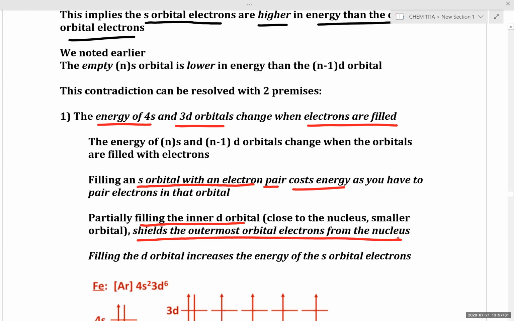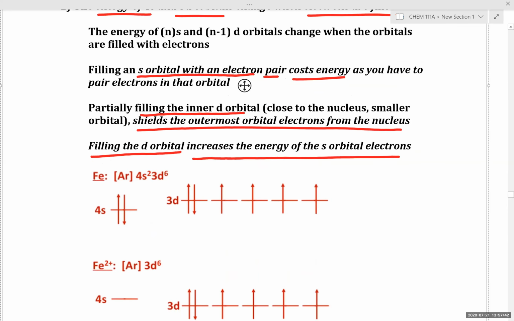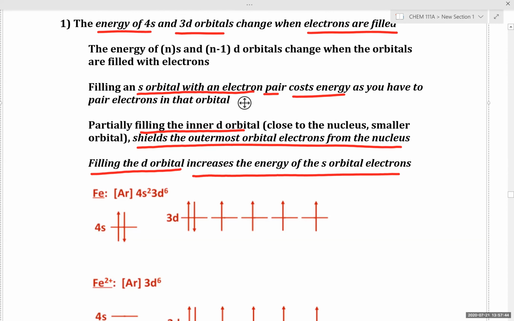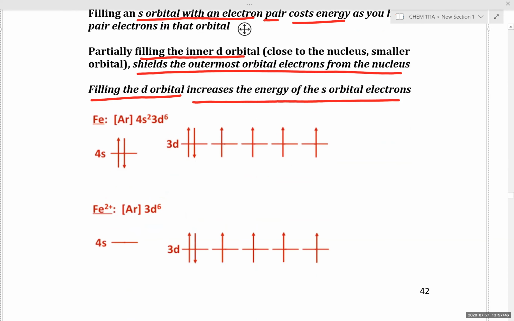In turn, when you fill the d orbital, you're increasing the energy of the s orbital electrons. So it's preferred during ionization for you to lose your s orbital electrons preferentially.